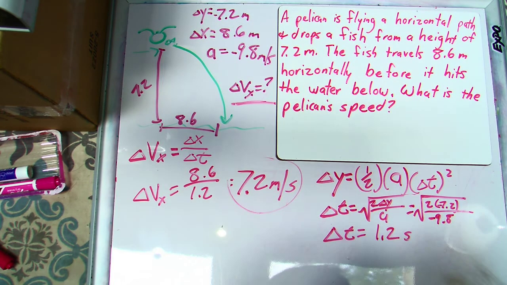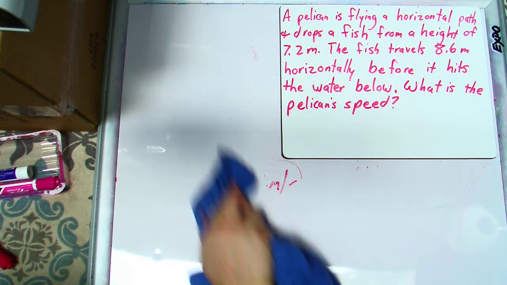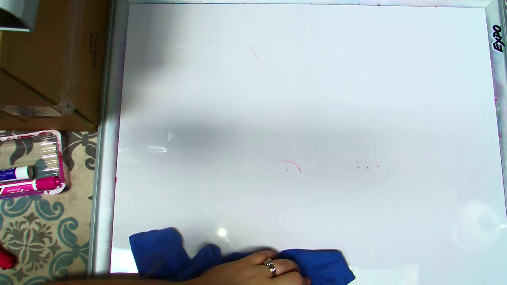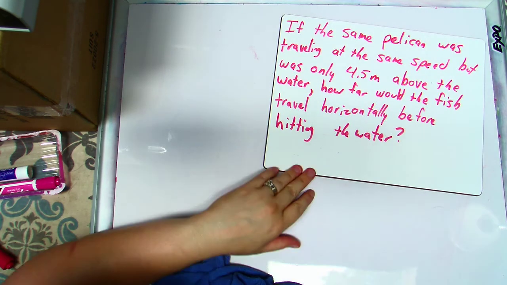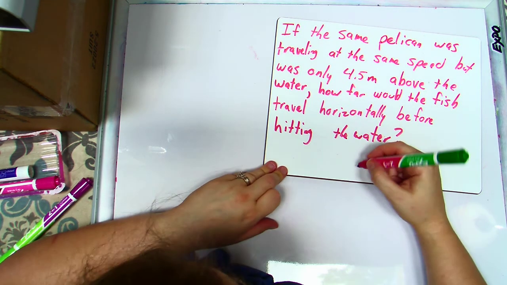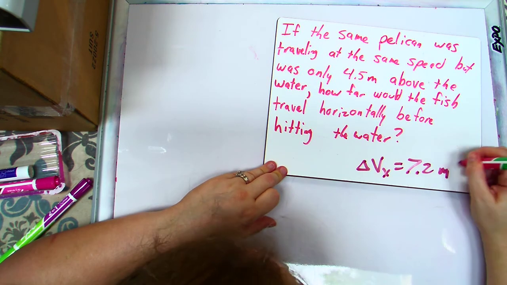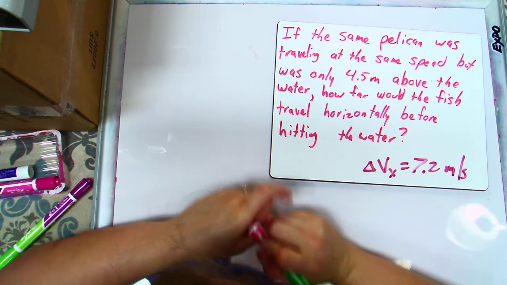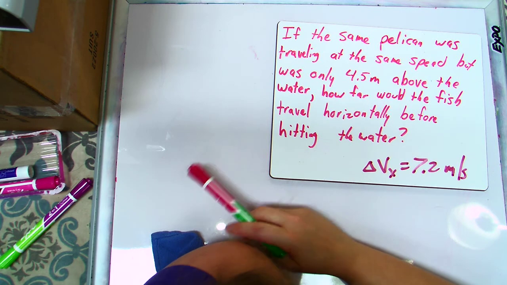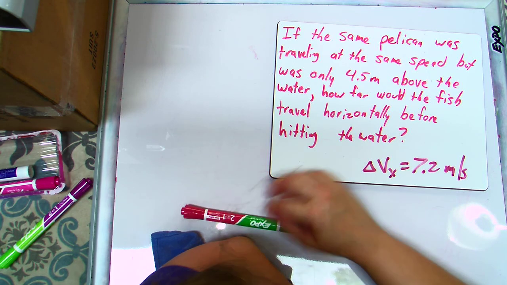All right, we're going to do one more involving our pelican, then we're going to move on to our next concept. So, still using the same pelican, it was traveling at the same speed. Remember, we just calculated that speed as 7.2 meters per second. But this time he was only 4.5 meters above the water. How far would the fish travel horizontally before hitting the water?